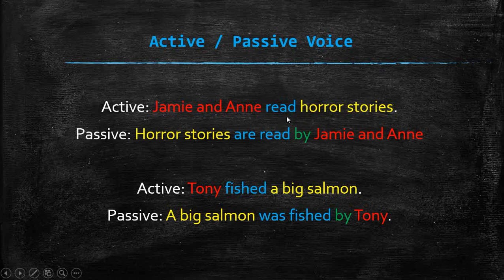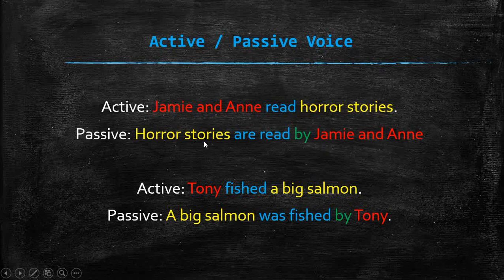This is the verb in present simple. And this is the object, horror stories. Now, for the passive voice, we have horror stories are, the verb to be. Read, the past participle of the verb read, by Jamie and Anne.